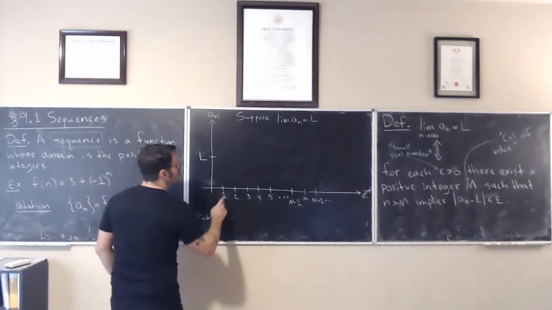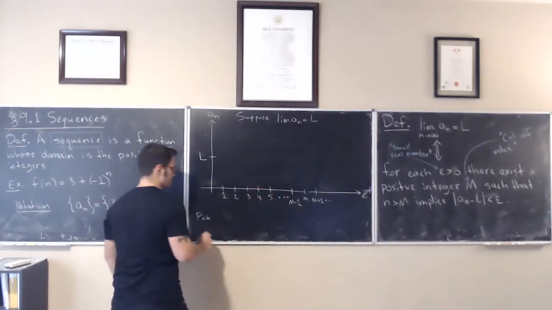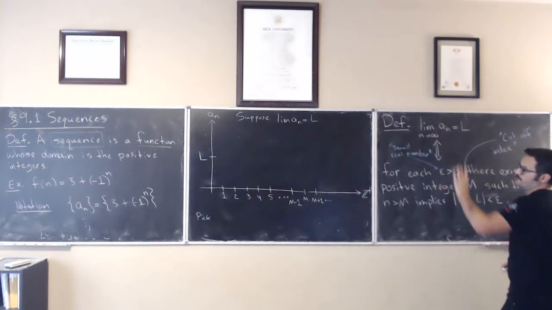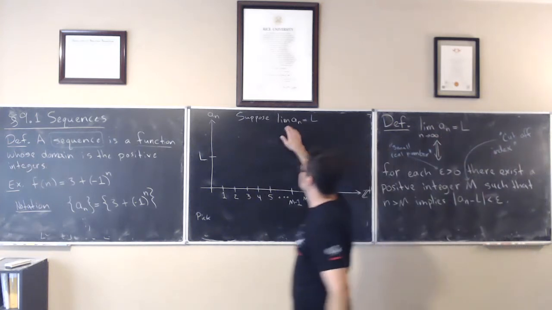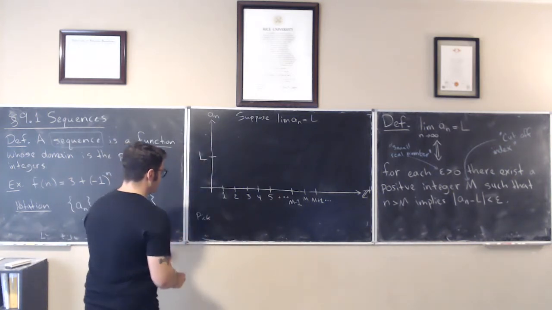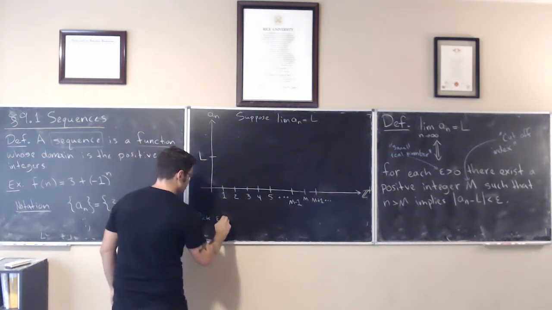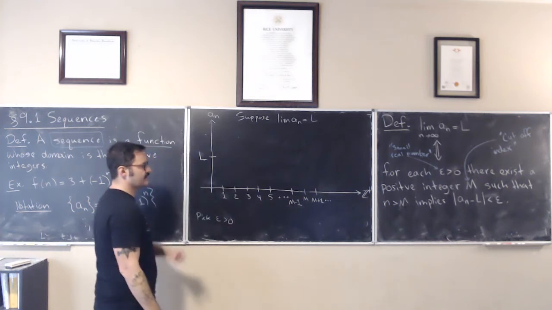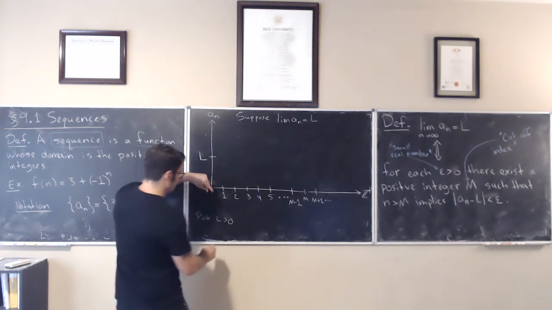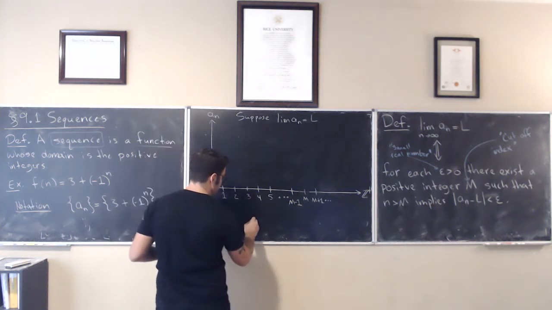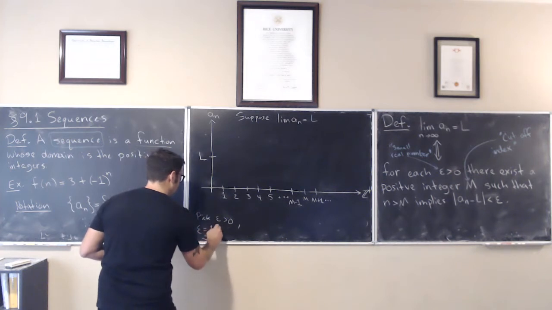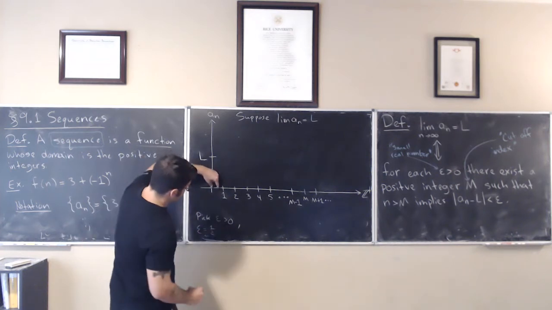All right, so assuming that, we're going to see what this definition means, because these are equivalent. That's what I wrote. So supposing that the limit is equal to L, there's L, and I'm going to pick an epsilon, for example, maybe pick epsilon to be a half. So a half is like that.